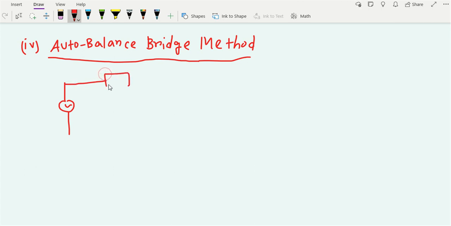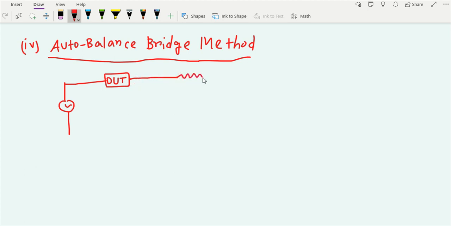Here you can put the DUT, that means device under test, or the unknown impedance that you want to measure. This can be a sample, a resistor, whatever impedance value you want to measure, so you can say device under test. Or in short you can write DUT.